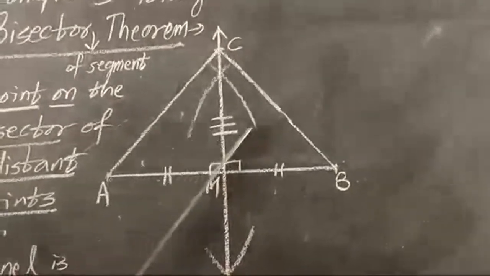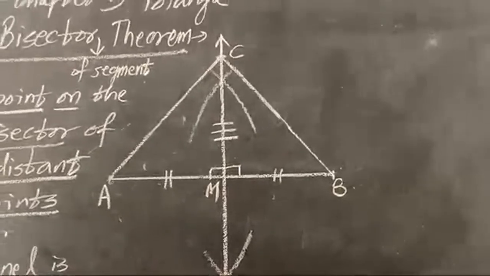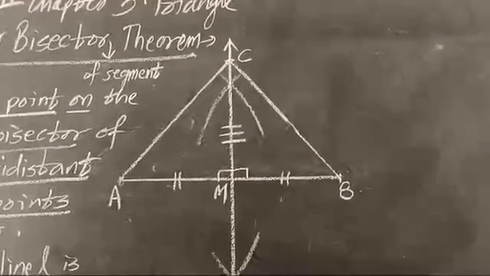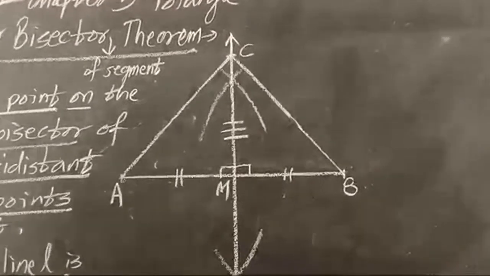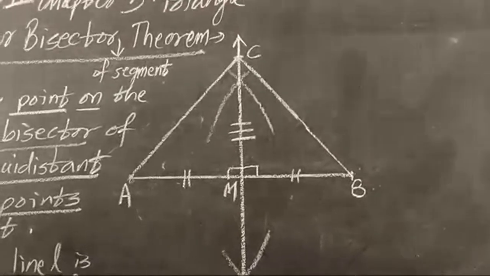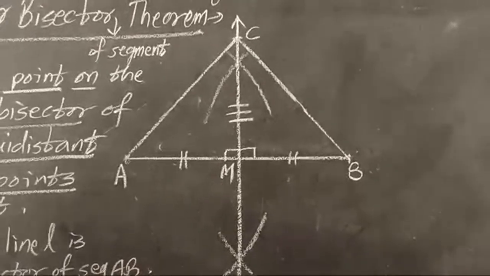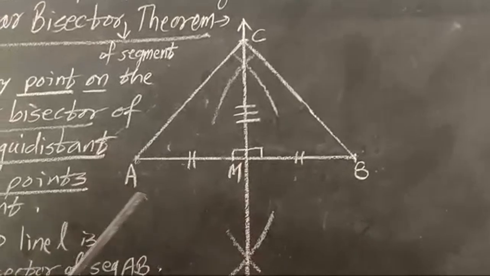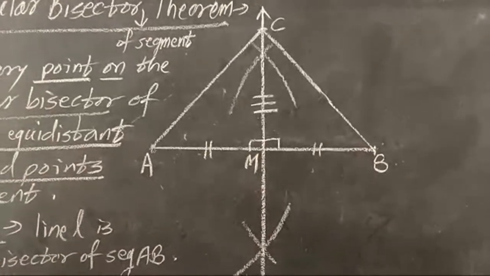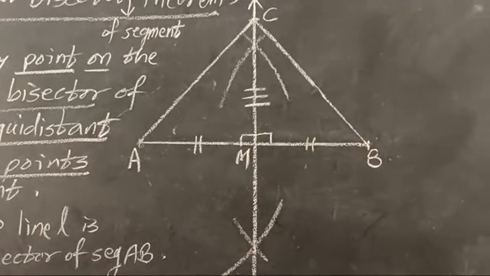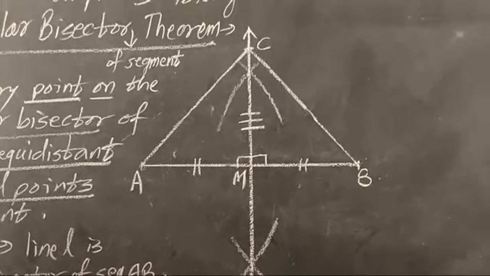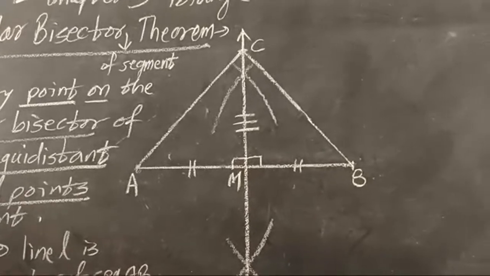When two triangles are congruent, then corresponding sides are congruent, and second is corresponding angles also congruent. These are the two possibilities. Understand? Then which possibility we apply here? First or second? Yes.